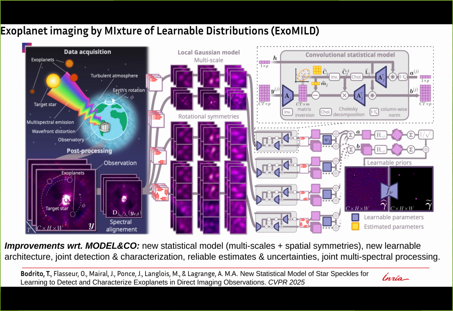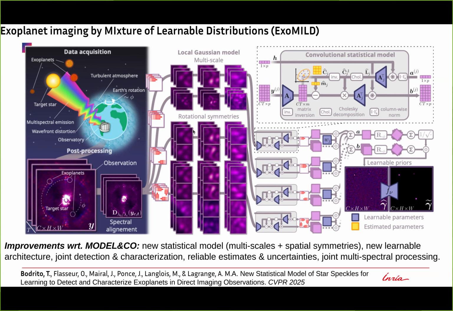But also one other thing that is not really accounted for in previous models is that in the data there are some symmetries in the speckles, in the stellar PSF pattern. The speckle exhibits some symmetry. So if you take two opposed patches, you obtain very correlated patterns.